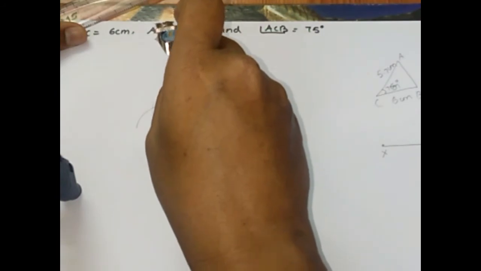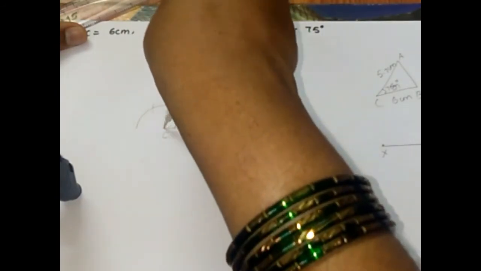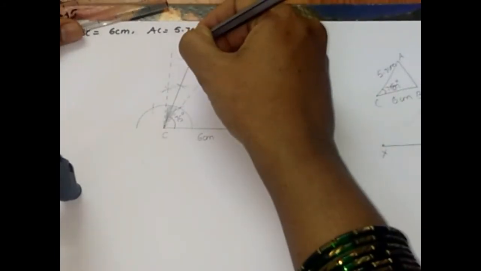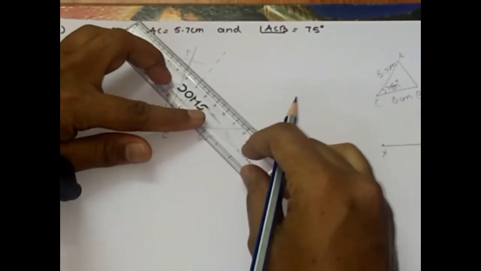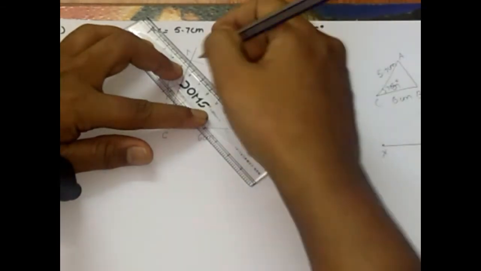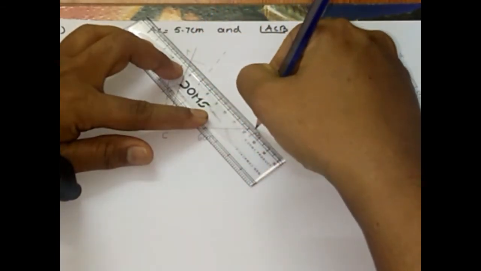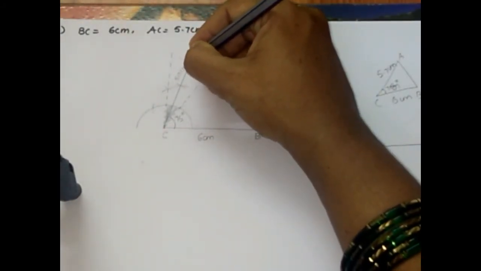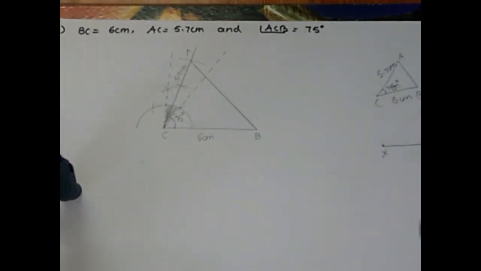Cut an arc by keeping your compass at the point C. This will give me point A. Join it so that your construction is ready with the triangle ABC. Measure of AC is 5.7 centimeters.